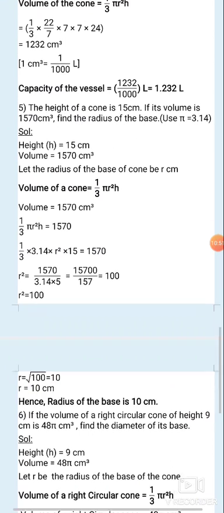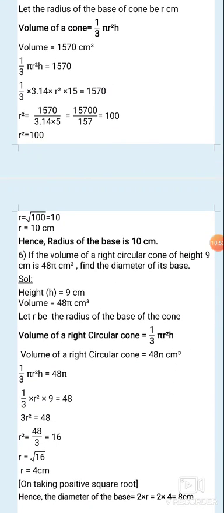Now the last question. If the volume of the right circular cone of height 9 cm is 48 pi centimeter cube, find the diameter of its base. So height 9 cm, volume 48 pi centimeter cube. Let r be the radius of the base of the cone. So volume of the cone is equal to 1 by 3 pi r square h, which is equal to what? 48 pi.